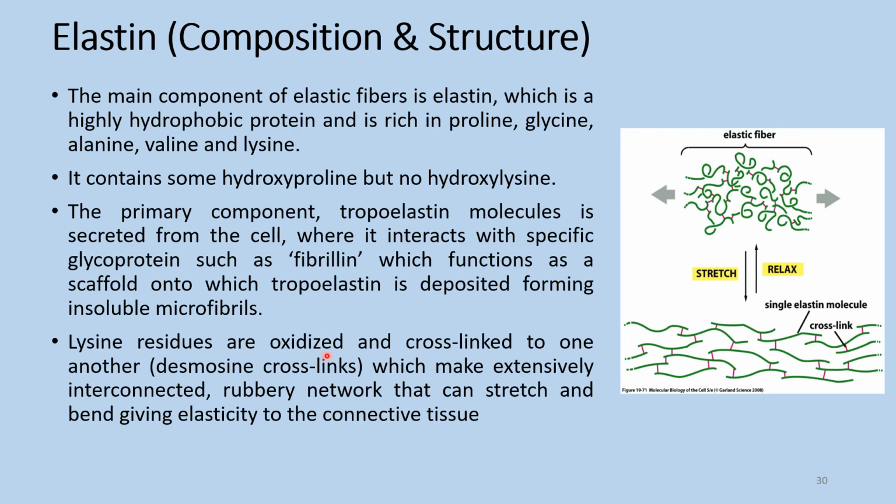Lysine residues are oxidized and cross-linked to one another, and these lysines, when they are oxidized into their respective aldehydes, make the covalent cross-links, also called the desmosine cross-links, which make an extensively interconnected rubbery network that can stretch and bend, giving elasticity to the connective tissue.